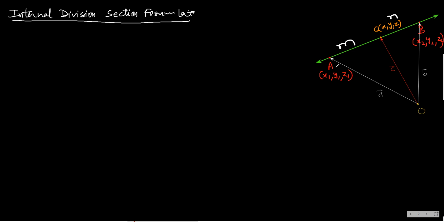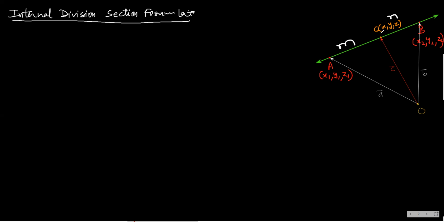It means you will express the position vector of point C in terms of the position vectors of A and B. I repeat: when applying the section formula in 3D space, that is in vectors, we take the concept one step ahead.